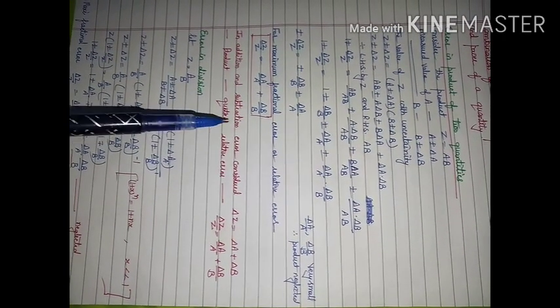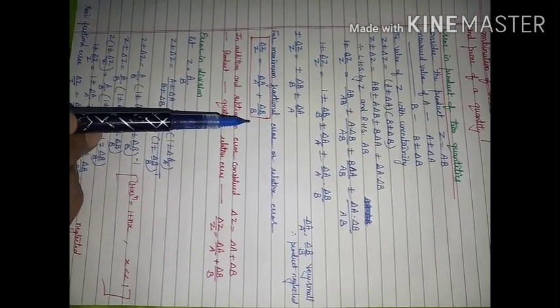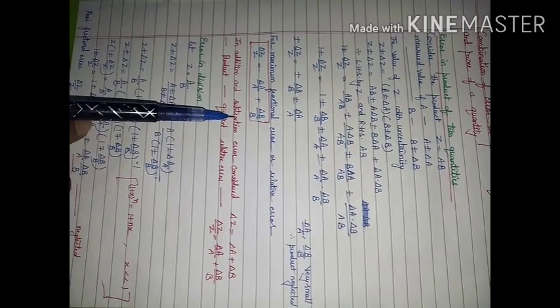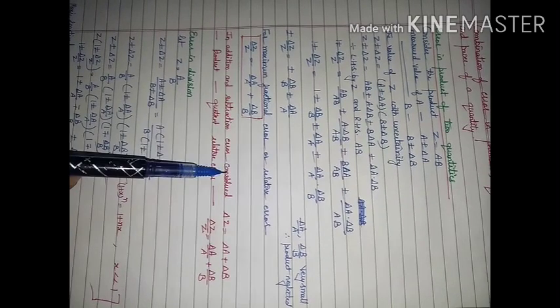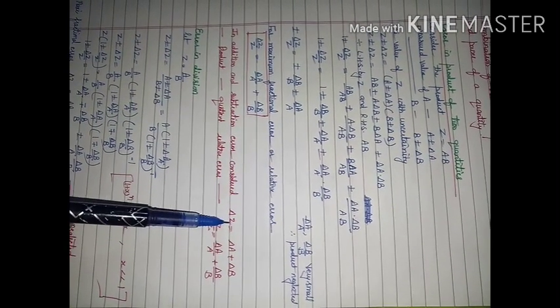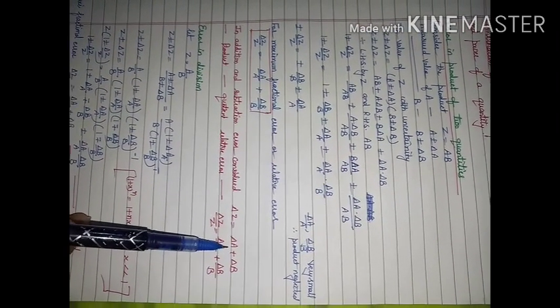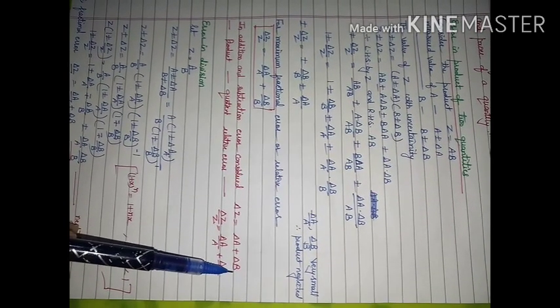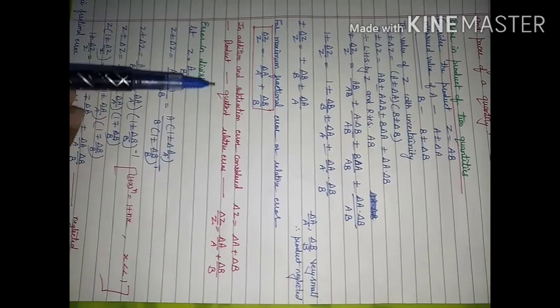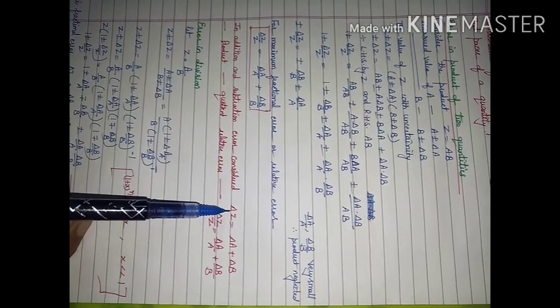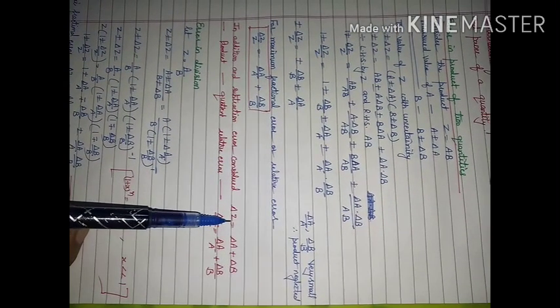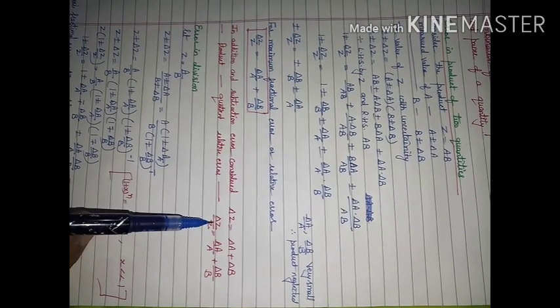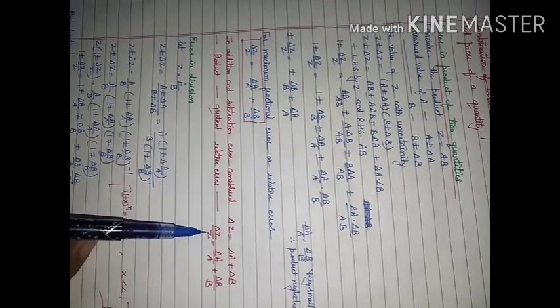One thing you keep in your mind: in the previous video, when we were talking about addition and subtraction, we said net uncertainty is equal to the sum of uncertainty in the first quantity and the second quantity. When we are talking about product or quotient, then we will not deal with delta Z only. We will deal with fractional error or relative error.